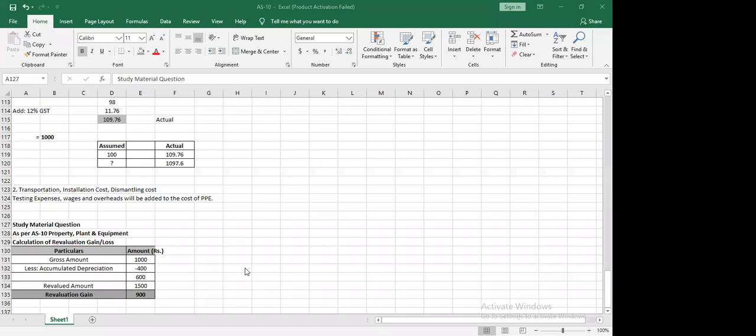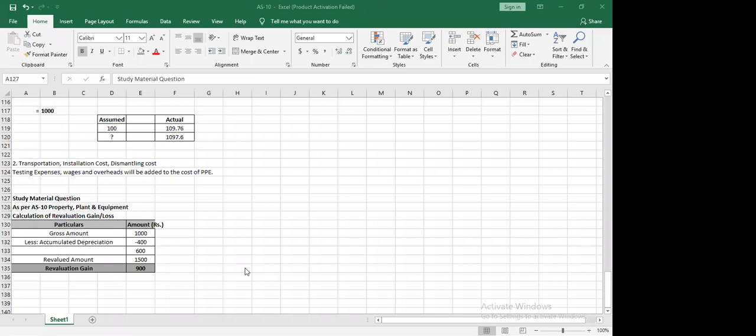Okay, I hope you are done taking down this solution. It's a very simple question and I don't think it will ever be asked in the exam.